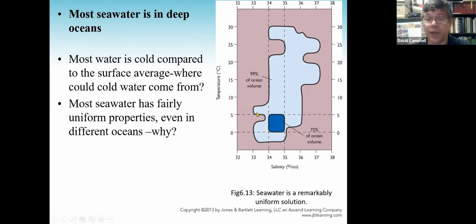So 99% of the total seawater falls within this light blue blobby range. About 3/4 of it all is in this cold and somewhat medium salinity here between 0 and 5 degrees and 34 to 35 parts per thousand.